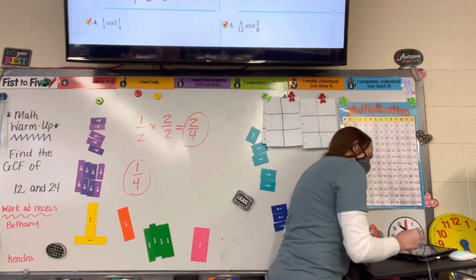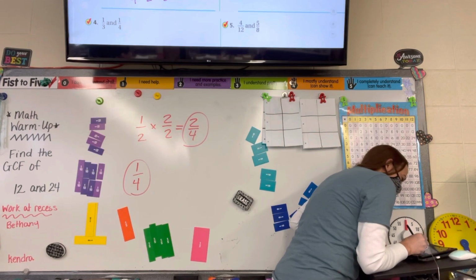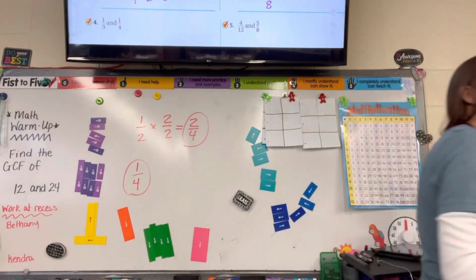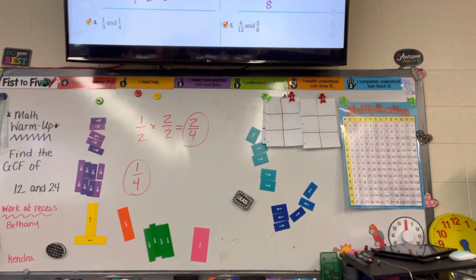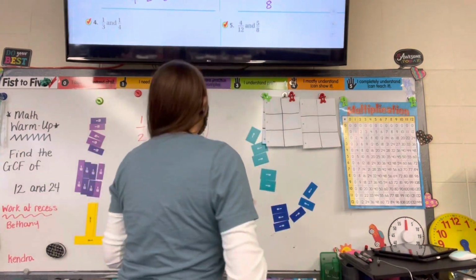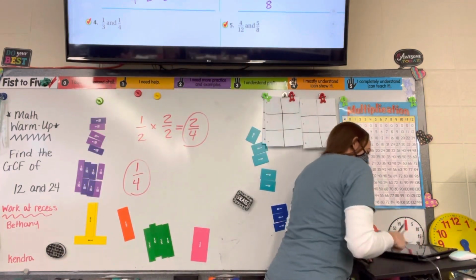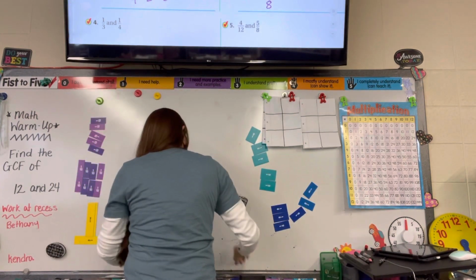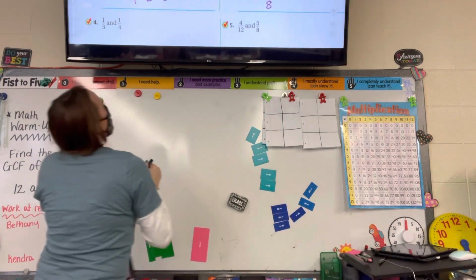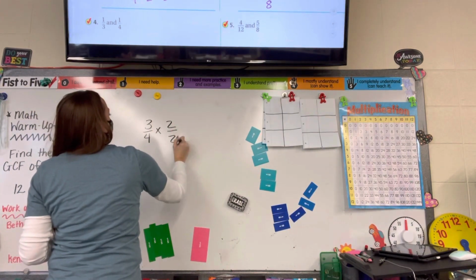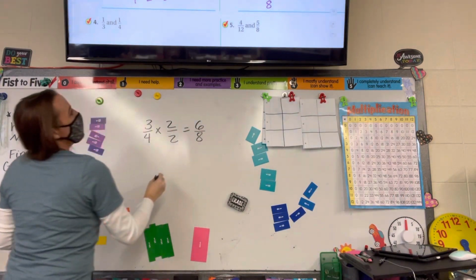Okay. 3/4 and 5/8. Okay, think about 4 and 8. Owen, is there something you can do to 4 to turn it into an 8? Is there something you can multiply 4 times to get 8? 4 times 2, and if we do it to the bottom, so we can do 3/4 times 2/2 gives us 6/8, right? And then we've got 5/8.